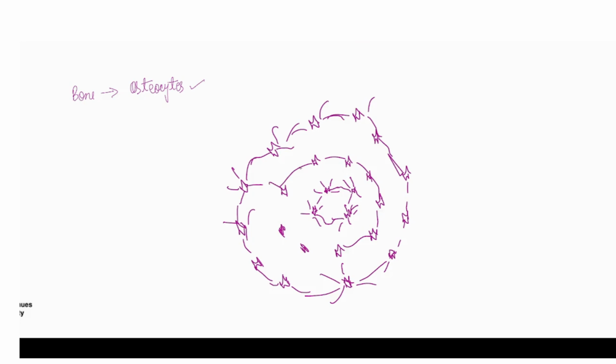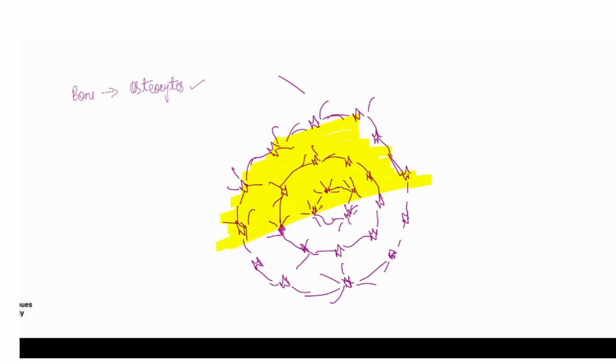And how they are arranging themselves, it is just like you are having a cake, and that cake is having the bread and the cream. Over the bread we are spreading the cream, and over the cream we are spreading the choco chips. Just like that we are having the matrix in which these cells are embedded.